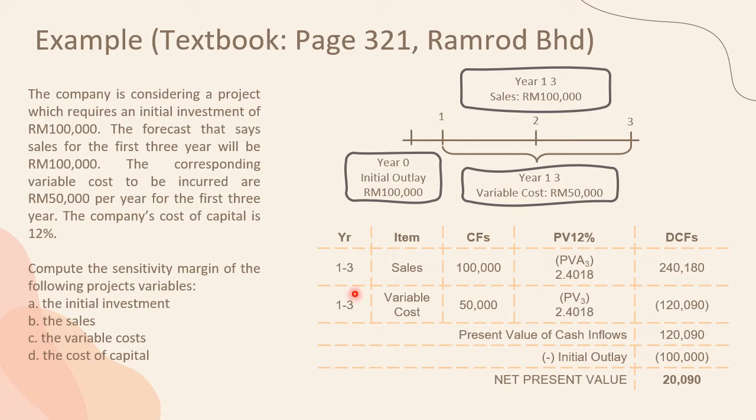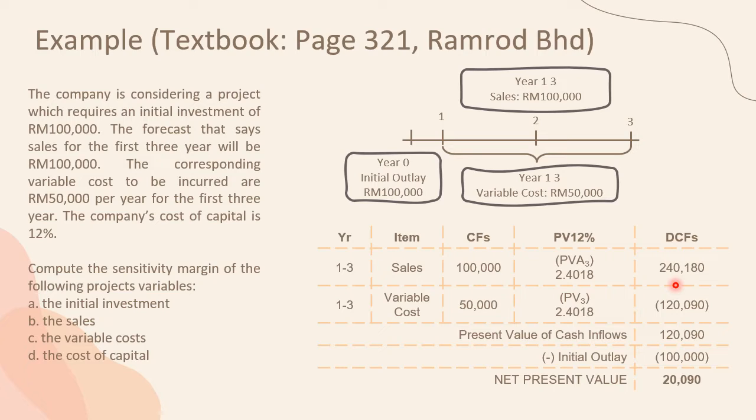So these are our cash flows. We have the inflow of sales, 100,000, and we also have the outflow of cash, which is the variable cost of 50,000. Since we incur this every year for 3 years, we can calculate the present value, just like we covered in part 1. Present value at 12%, annuity 3, because it is consecutive and even.